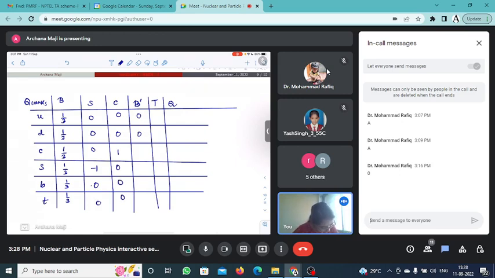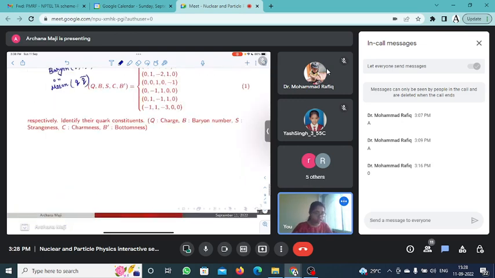Bottomness for bottom quark is -1, 0, 0, 0, +1. Okay.